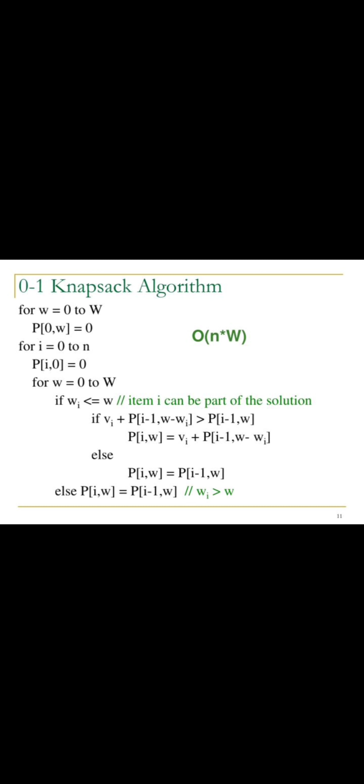If vi plus P(i-1, w-wi) is greater than P(i-1, w), P(i, w) equals vi plus P(i-1, w-wi), else P(i, w) equals P(i-1, w). Else P(i, w) equals P(i-1, w).